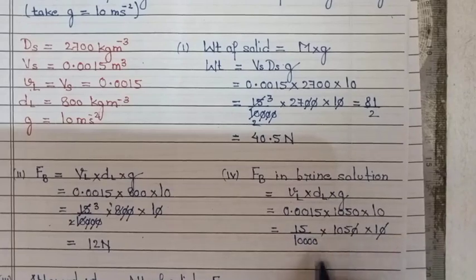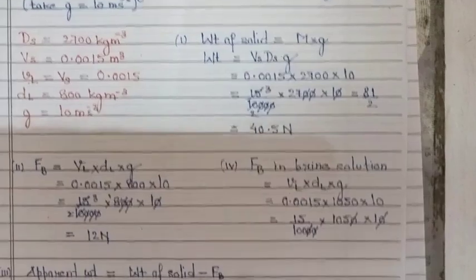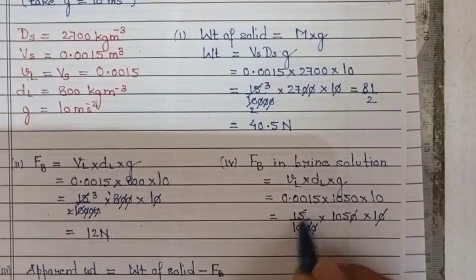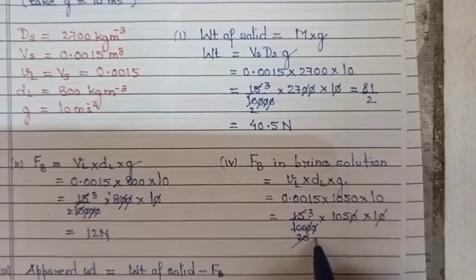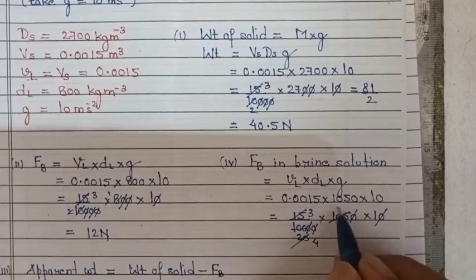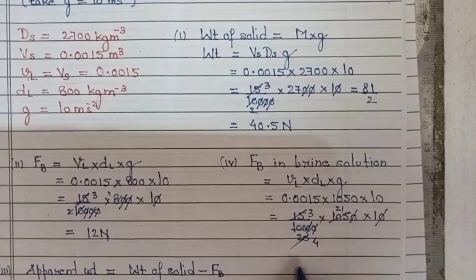So let's solve it. You reduce it by 5, you reduce it by 5, 20, you reduce it by 5, you reduce it by 5. So here you are getting 21 into 3, that is 63 upon 4.